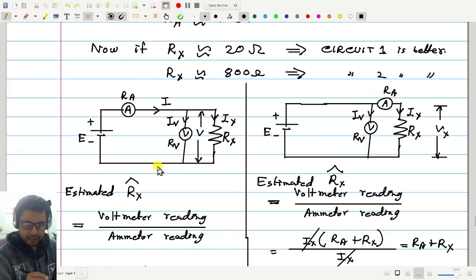We know neither of them will work always. This scheme is good if Rx is smaller than voltmeter resistance. This scheme is good if Rx is higher than Ra. Now we are going to talk about small resistance, low value resistance measurement. So therefore this scheme is not good, we will use this scheme.